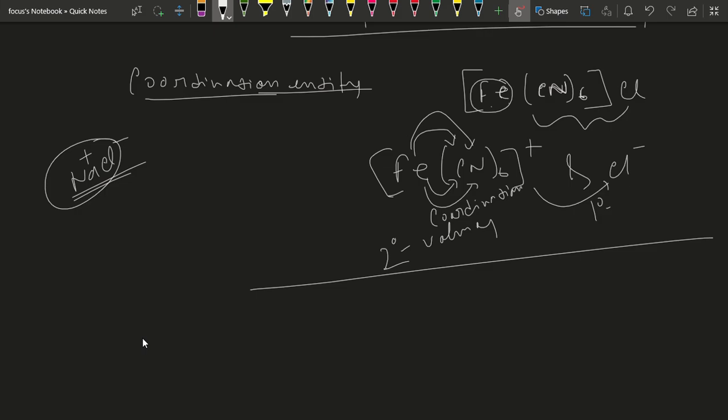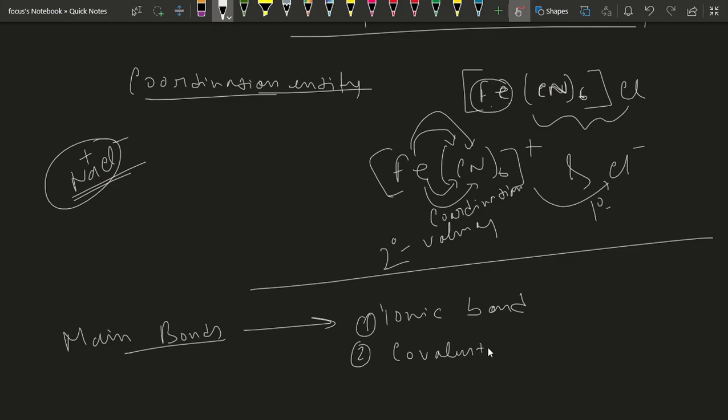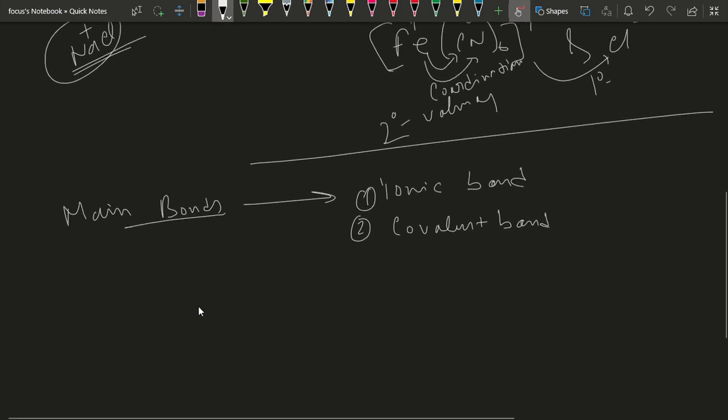the ionic and covalent bond. The main two chemical bonds are one, ionic bond, and second, covalent bond. What is ionic bond? Suppose two elements A and B have some chemical attractive force between them.